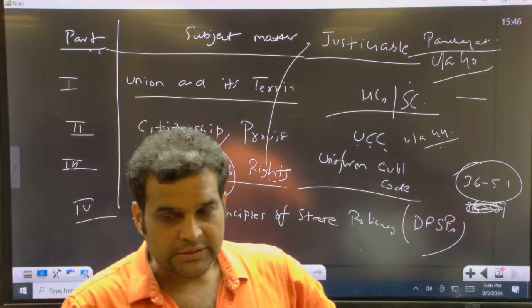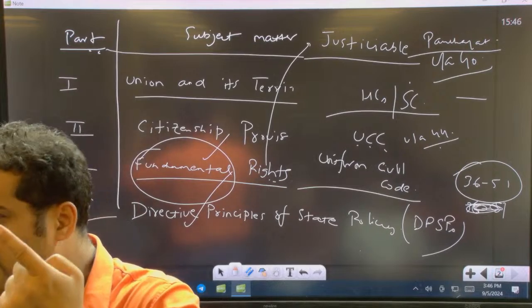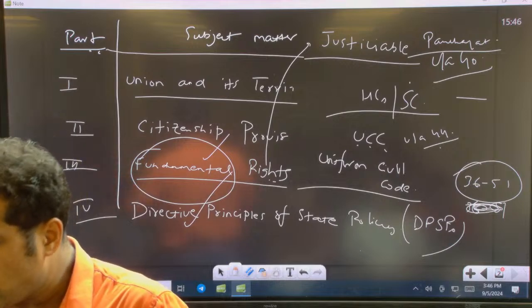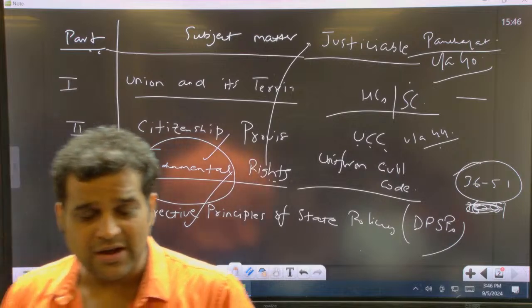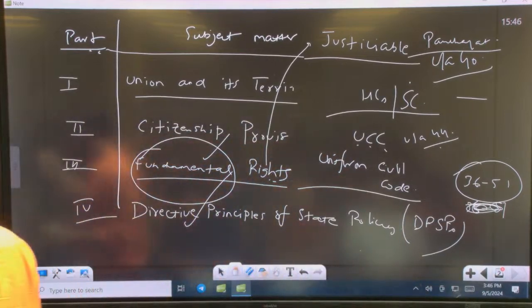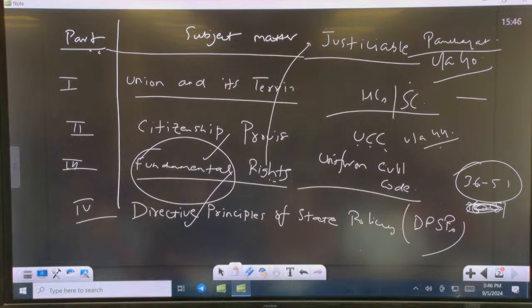What is that? As I said, Part 3 is justiciable. It means Part 3 is enforced by the constitution 24/7. But not DPSP. DPSPs are non-justiciable, in the sense that if any government fails to implement the directions written under Part 4 while making laws or any act, provision or guidelines, you cannot take that government to court just because they violated the principles of DPSP.